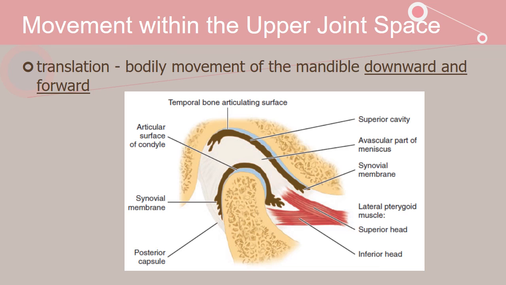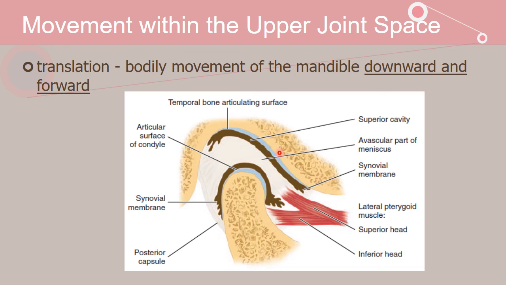In the upper joint space, the movement is translational. This is the upper joint space. When we say translation, it is the bodily movement of the mandible downward and forward onto the articular eminence. So this is the articular eminence.